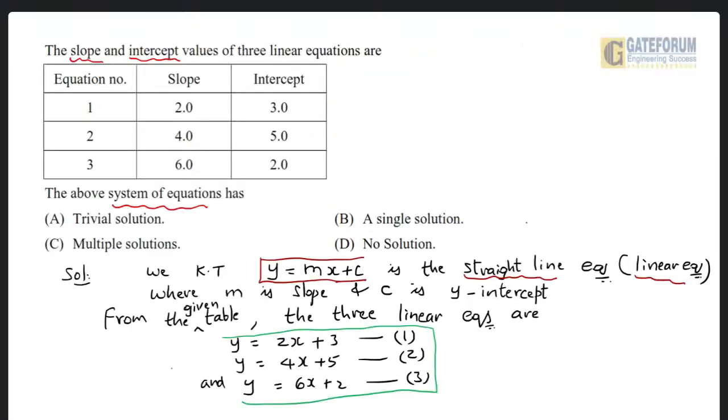This is a system of linear non-homogeneous equations, right side not equal to zero, there is a constant term. So finally, the answer is no solution. Accordingly, the option is D. This is the end of the question.